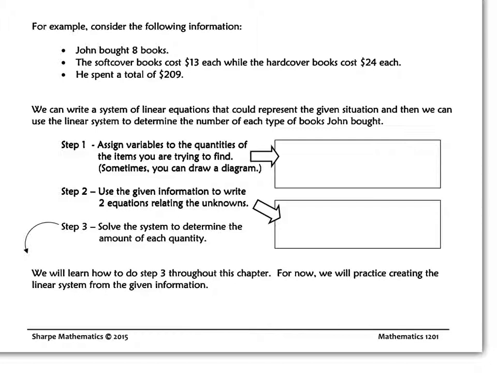So the first thing we're going to do is assign variables to the two things that we're looking for. And I'm going to assign B to the number of softcover books and I'm going to assign H to the number of hardcover books.